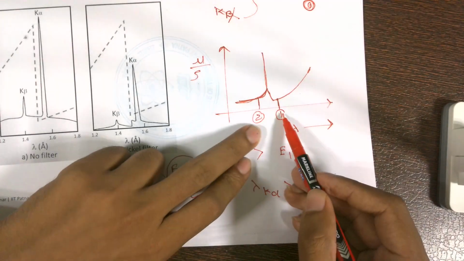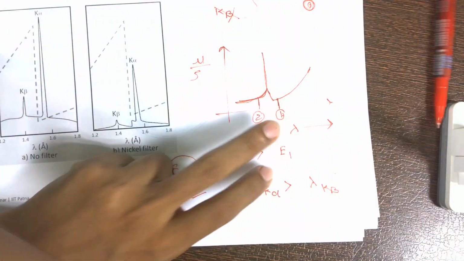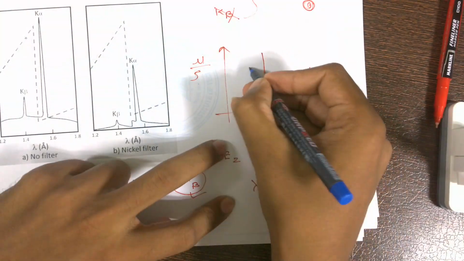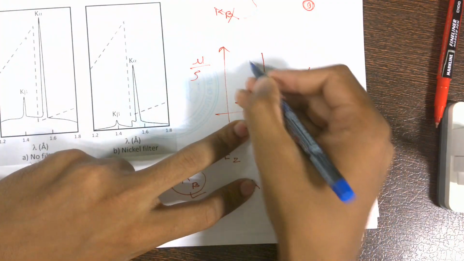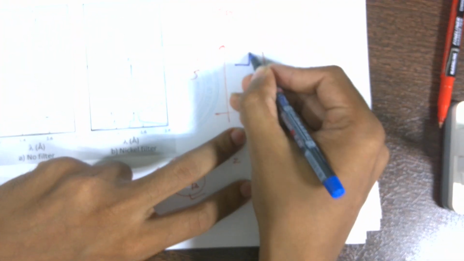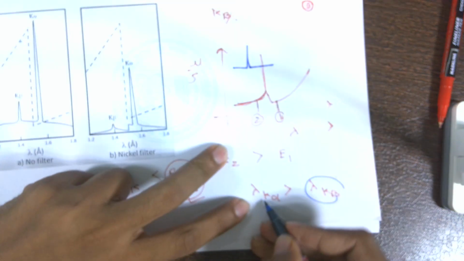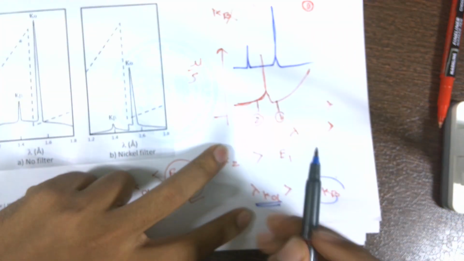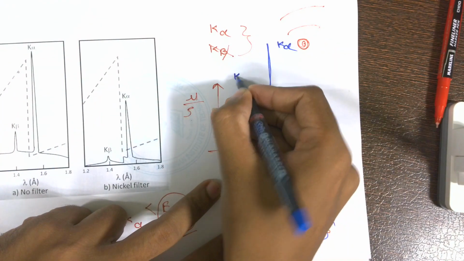Now if I try to place this wavelength somewhere over here, K beta was having the lower wavelength, so it will correspond to somewhere at point 2. So this will be the K beta, and the one here will be the K alpha, which was having more wavelength. This is the K alpha, and this is the K beta.